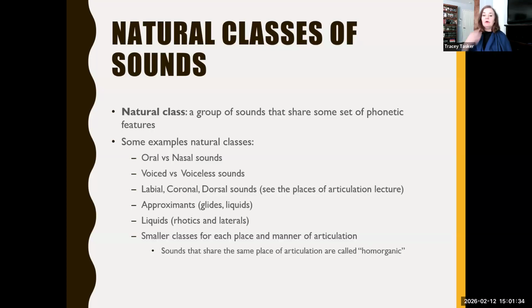So the book talked about smaller classes for place and articulation, or sharing. So they use terms like homorganic and homomanner to refer to sharing manner and place. Okay, we're not going to delve into that in too much detail, but it's just important that you understand why we categorize sounds into these classes.